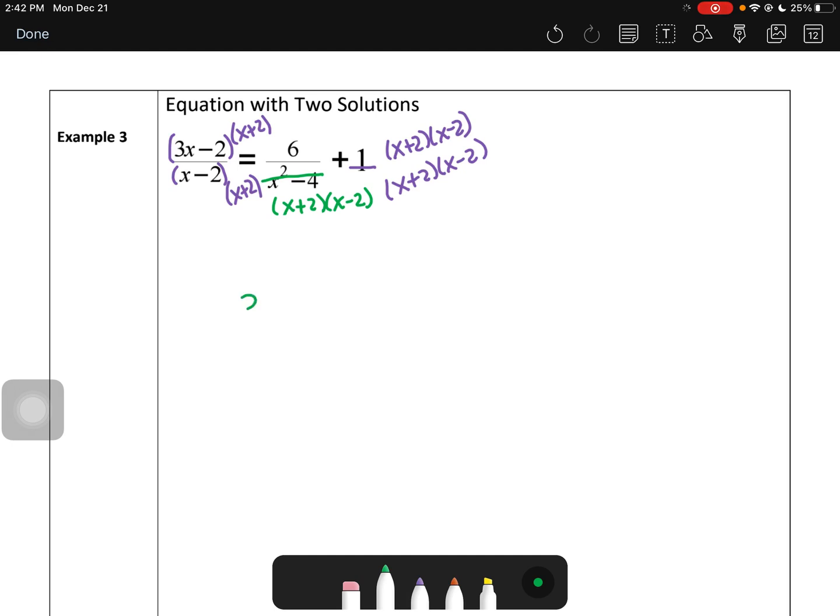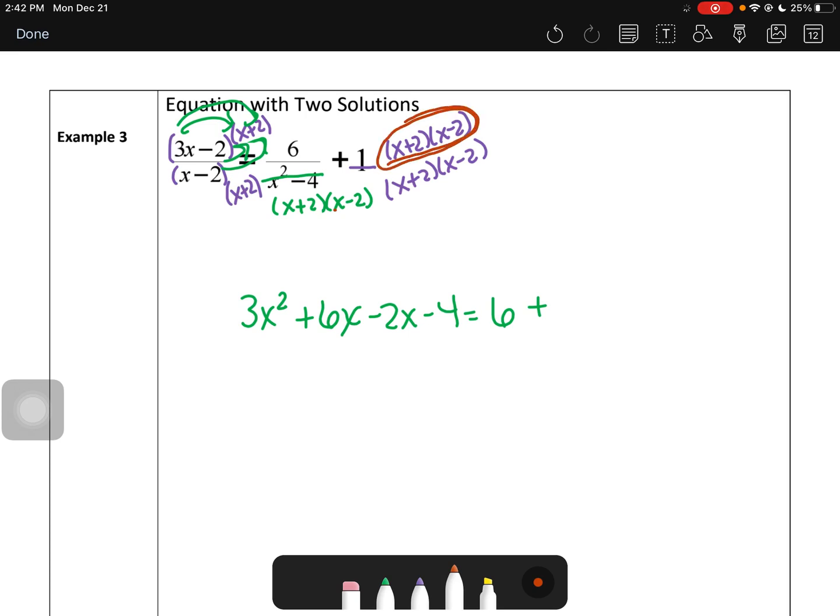So we'll FOIL the first. We have 3x squared. 3x times 2 is 6x. And we have negative 2 times x and negative 2 times 4. And then we know that x plus 2 and x minus 2, when we multiply these two together to FOIL, we already know that that's x squared minus 4. So we are going to bring everything over to one side.